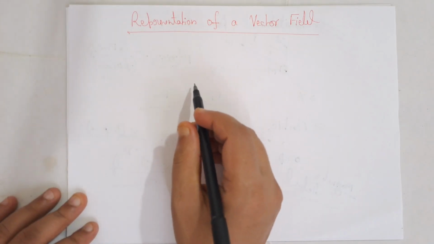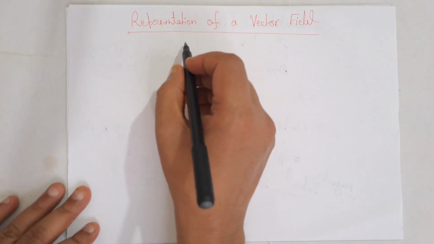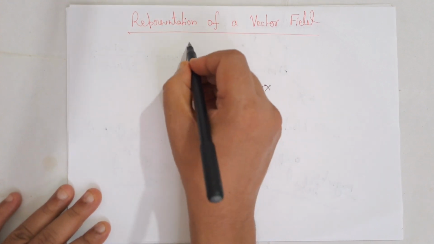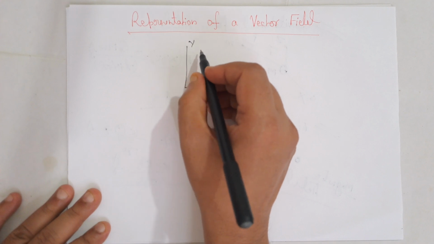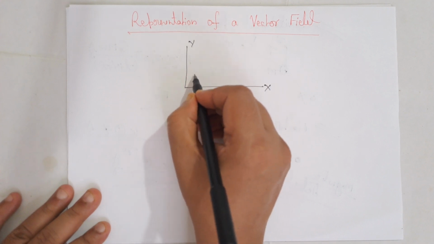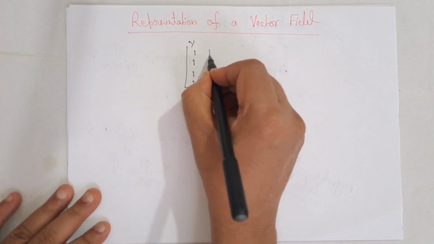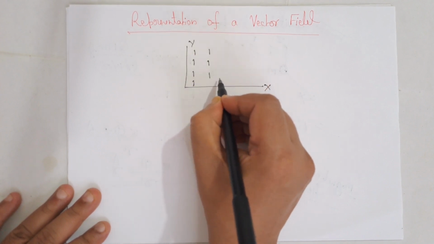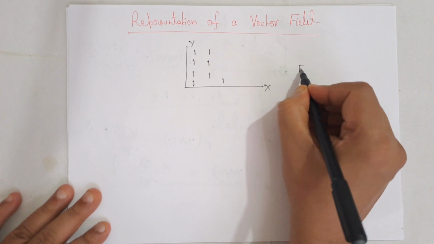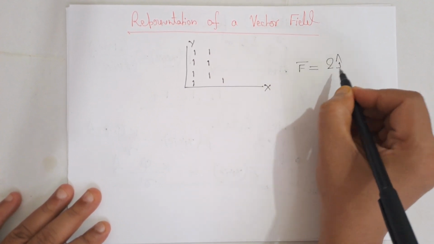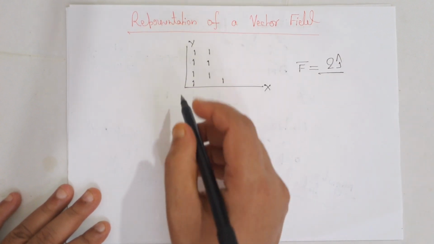Now we can represent a vector field with the help of arrows. This is x, this is y, and if there is a field which is in the y direction, then this is an example of vector field which has only one component along the y direction.